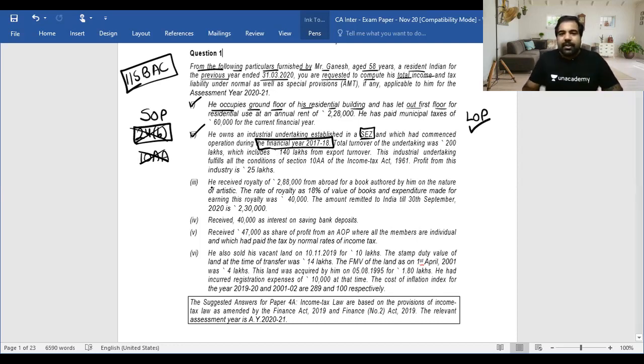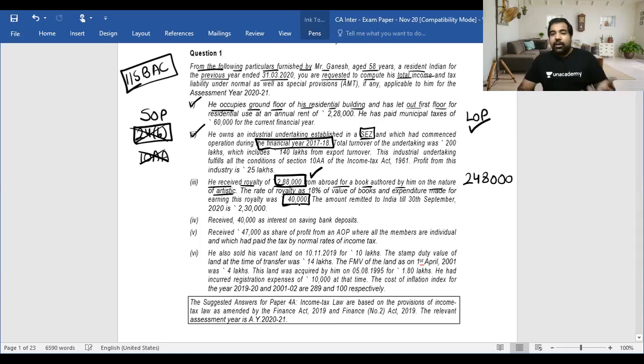Let's move ahead. He received royalty from a book authored by him. Guys, if you write quality books, the income that you get will be taxable. So he received royalty of 2,88,000. The rate of royalty is 18%. The royalty expenditure was 40,000. So to his income, guys, you will tax 2,48,000. Why 2,48,000? Because 2,88,000 is your income, and any income in the Income Tax Act is income minus expenses.